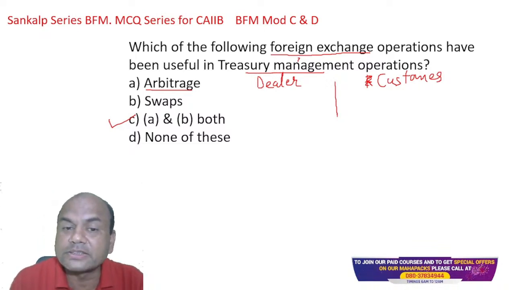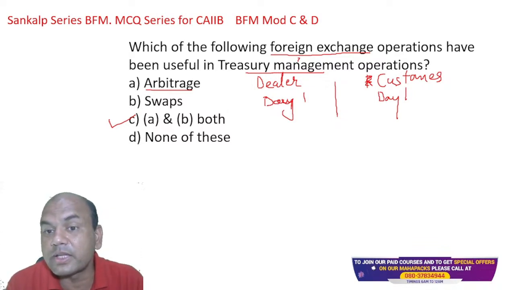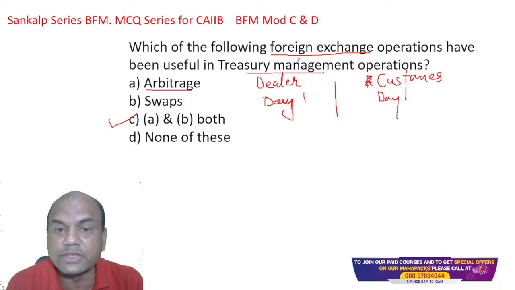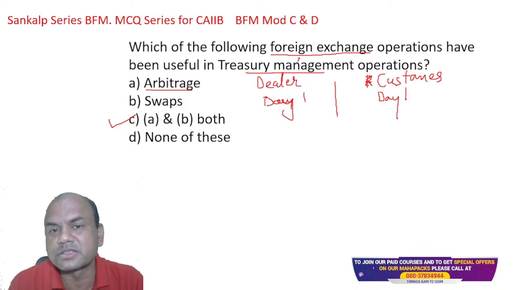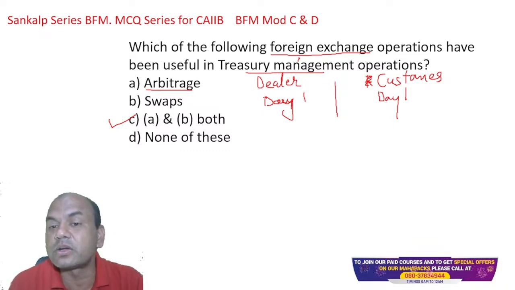So this guy buys it from the market on day one, let's say D1, and sells it to the customers on day one only. Vegetables can't remain for the next day. These are perishable items. Tomorrow if somebody comes to sell you today's vegetables, immediately one can recognize that these are old or stale vegetables. That's why this guy has to purchase only that amount which he can sell today. So that is arbitrage: buying in one market and selling it in the other, earning the commission on this.